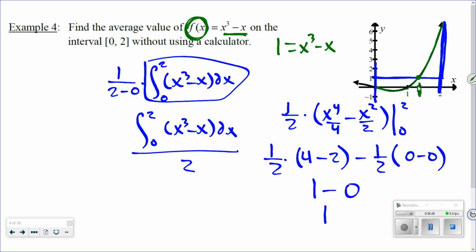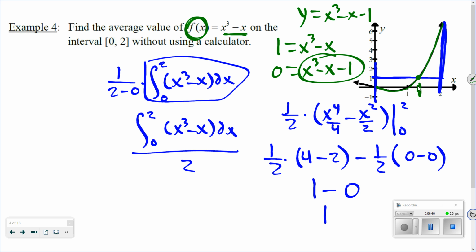All right, so we're going to use a calculator for this one. So minus the 1, so you get 0 equals x cubed minus x minus 1. And then we know how to do this. We're going to take this and graph it. So we're going to graph y equals x cubed minus x minus 1 and find its zeros, and that would be the answer. When you do that, remember, it may have more than one 0. We're only looking for the one that's between 0 and 2.